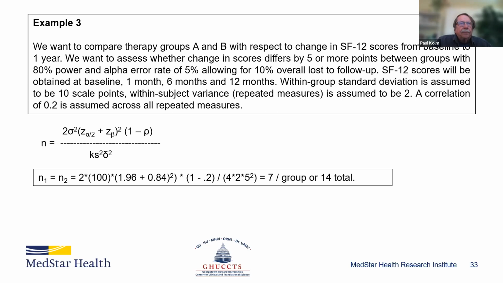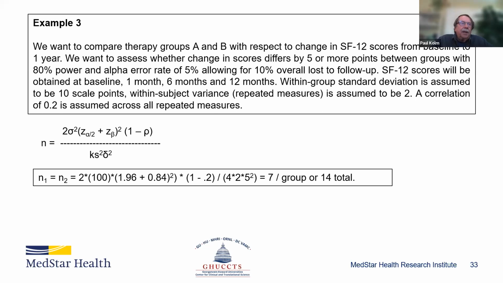Then we have our correlation between the repeated measures, which we said was 0.2, so that's 1 minus 0.2. And then we divide that by K, where K is the number of repeated measures, so we have 4 in this case. 2 is our within subject variance, or the variance due to repeated measures. And then we want to look at a difference of 5, that's our delta. So 4 times 2 times 5 squared.